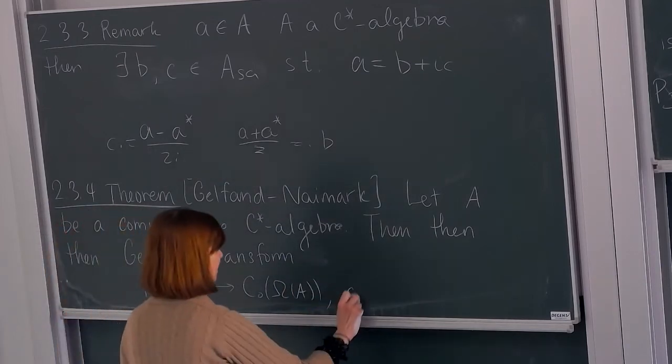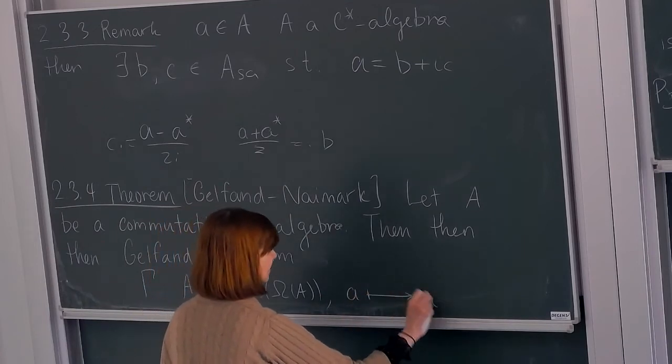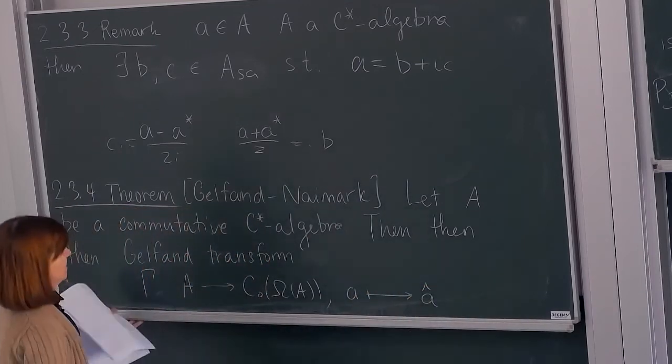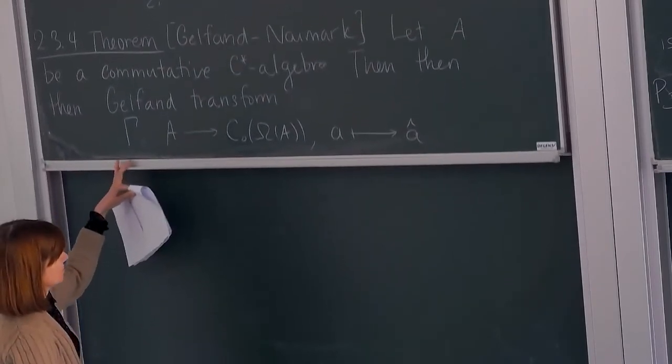So recall that this was the map that sends A to A hat. This is a star isomorphism.